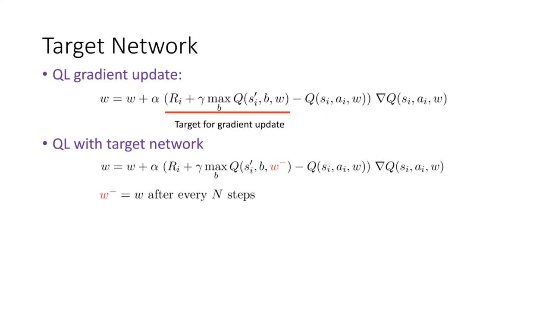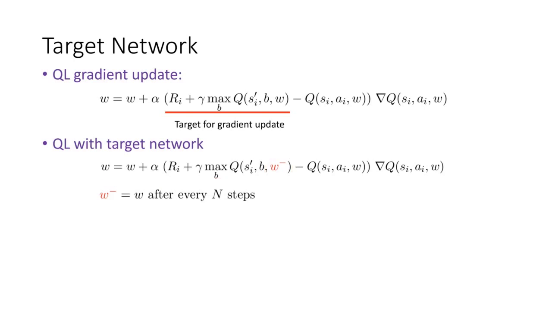Instead of keeping the target parameters the same as the current estimate, we will use two separate networks. We'll use a W minus and a W, and we'll use this W minus as the target, and then do many W updates, keeping this W minus the same.